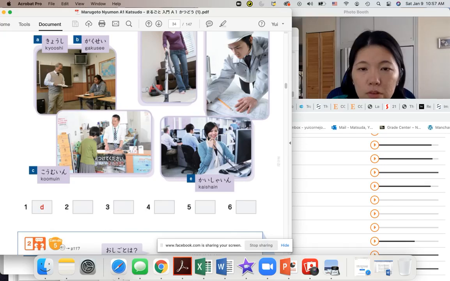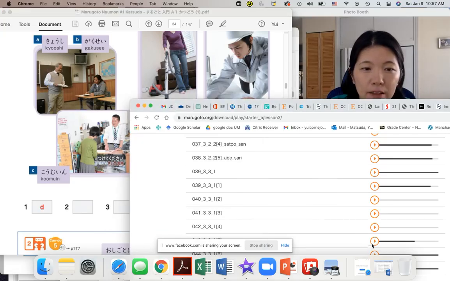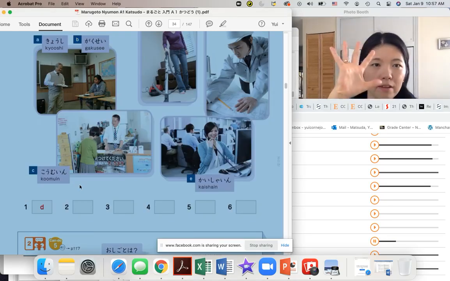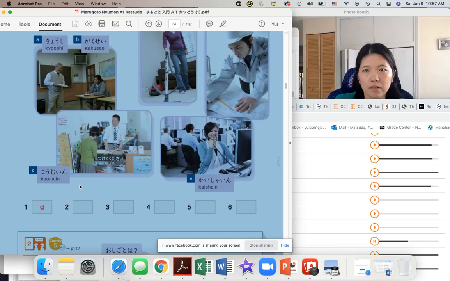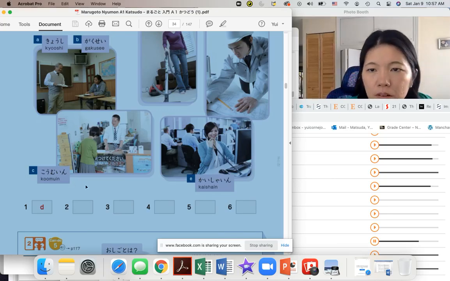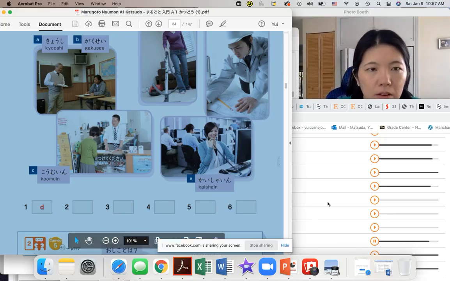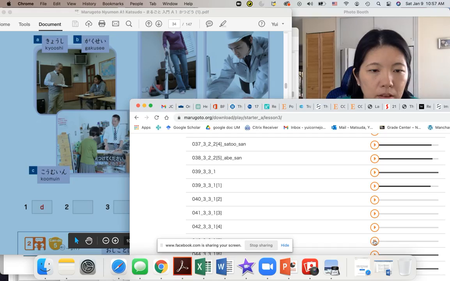So number 4 was E. Number 5 you start to hear. 日本語の教師です。Okay, let's hear 5 again. お仕事は何ですか？教師です。日本語の教師です。Still hear little by little. お仕事は何ですか？What is your job?